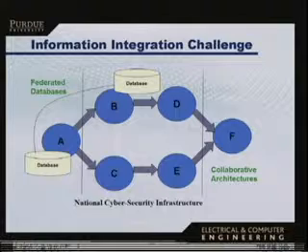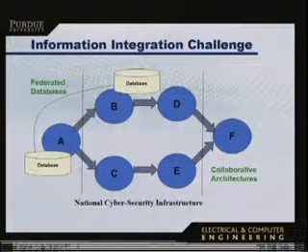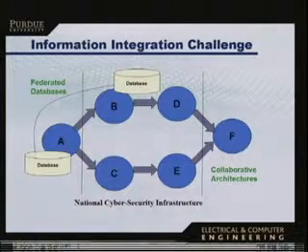Okay, so what is the information integration challenge? This picture here gives the high-level overview of the problem. This could represent, among other things, your national cybersecurity infrastructure. These domains are a series of interconnected domains, and this interconnection is enabled using collaborative architectures such as grid or peer-to-peer systems.